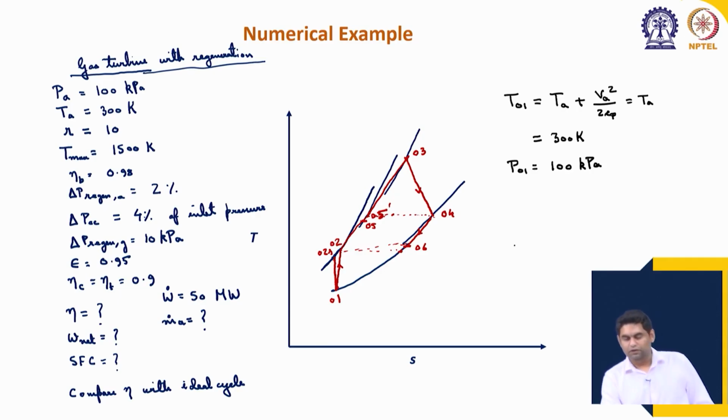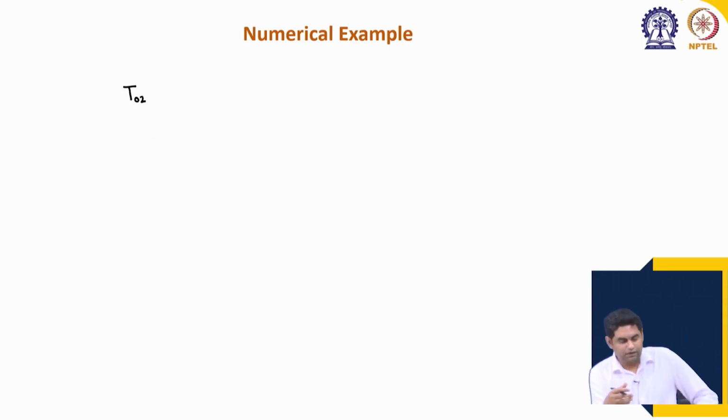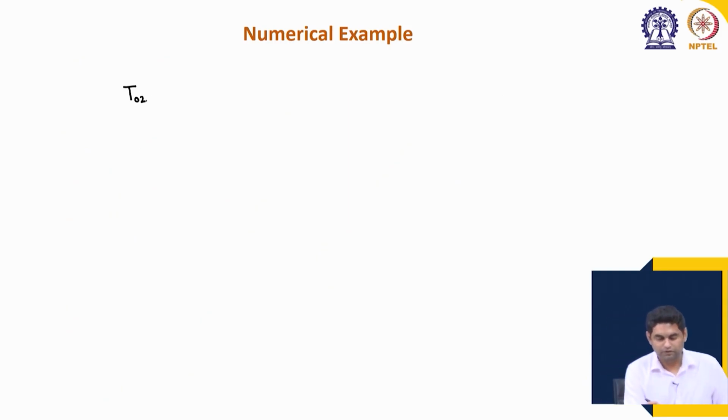Okay. So, T01 and P01 is fixed, then we go to T02 and P02. So, first how do we get T02? So, we will get first T02s. Okay. So, I have to skip the slide. So, that is why it is better if you have the diagram open, if you draw the diagram.